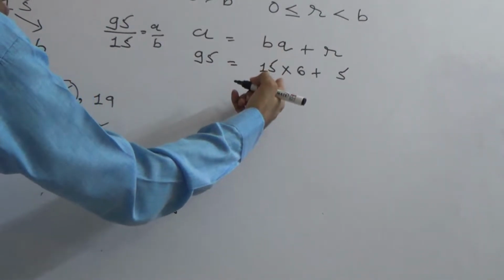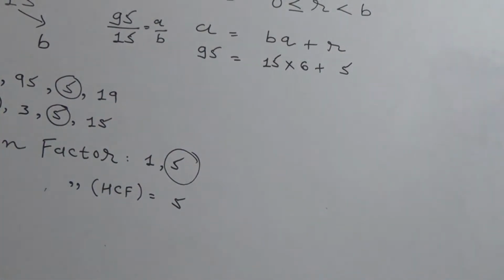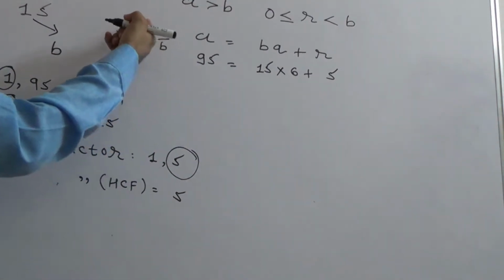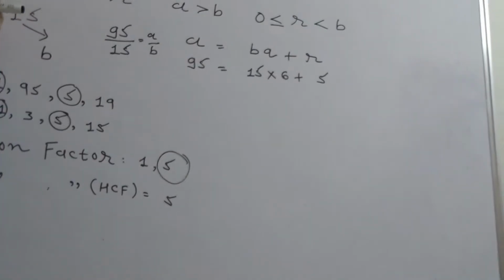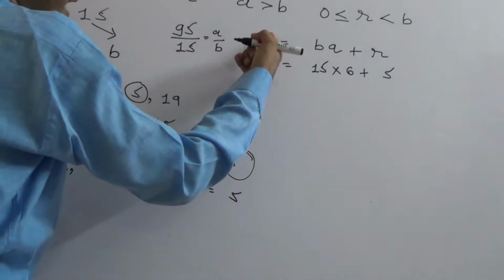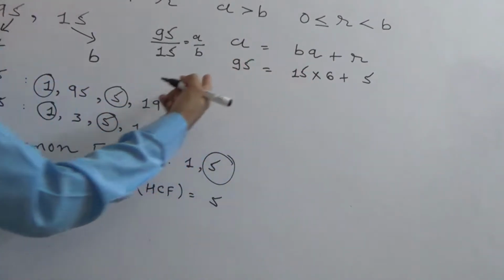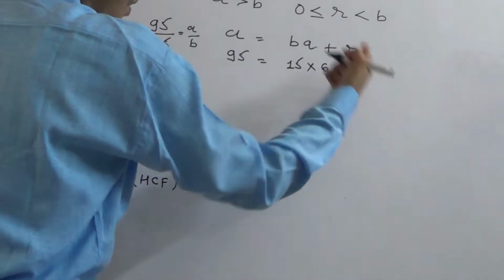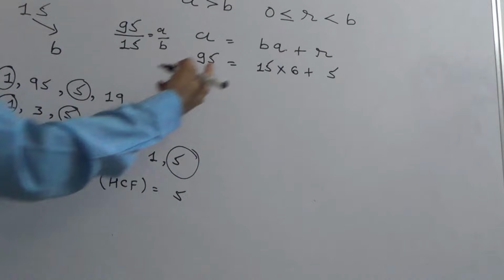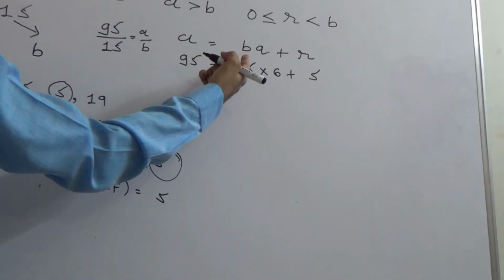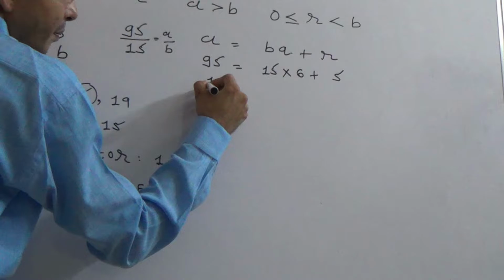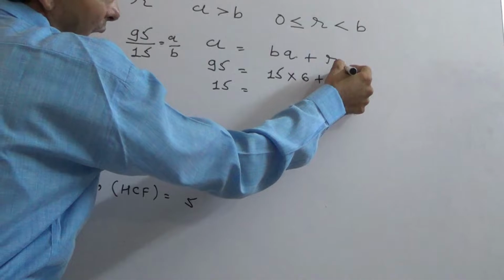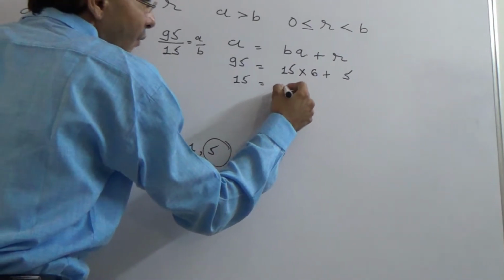See, our a is 95 and our b is 15. In this method, first we check as per our criteria that a is greater than b, meaning 95 is greater than 15. Then a = bq + r. So a is 95, b is 15, and 95 divided by 15 gives quotient 6 and remainder 5. Then our b becomes a, meaning 15, and our r becomes b, meaning 5.